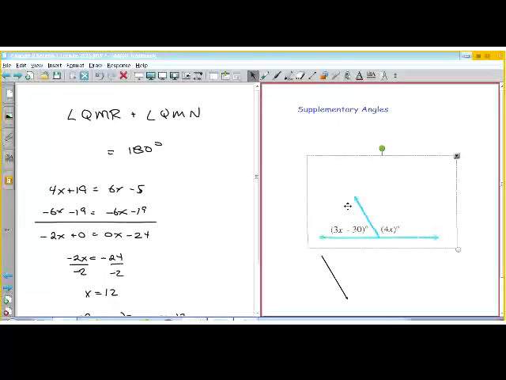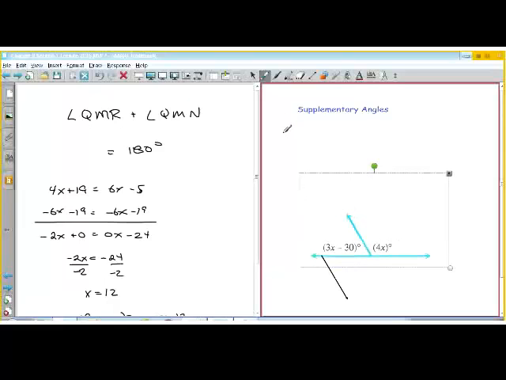So we'll work the problem in a second. Let's just say a few things about supplementary angles. Supplementary angles are angles whose sum is 180 degrees.